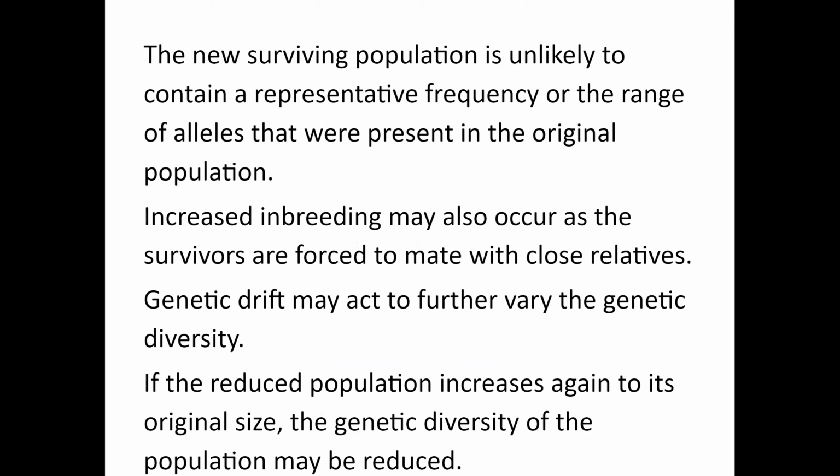The frequency of alleles is not the same as the original population. Increased interbreeding may also occur as the survivors are forced to mate with close relatives. Because there's no longer diversity anymore, sometimes breeding has to take place with close relatives.